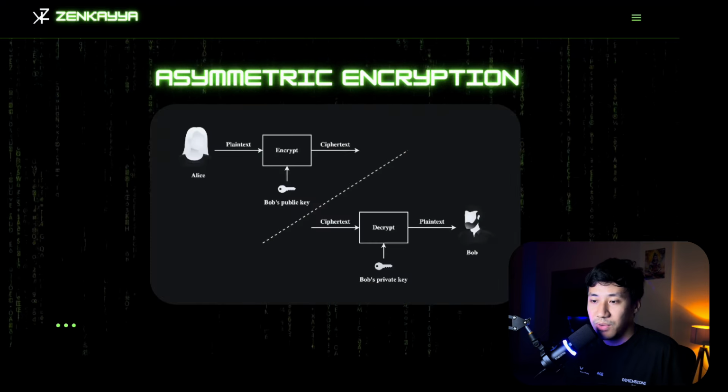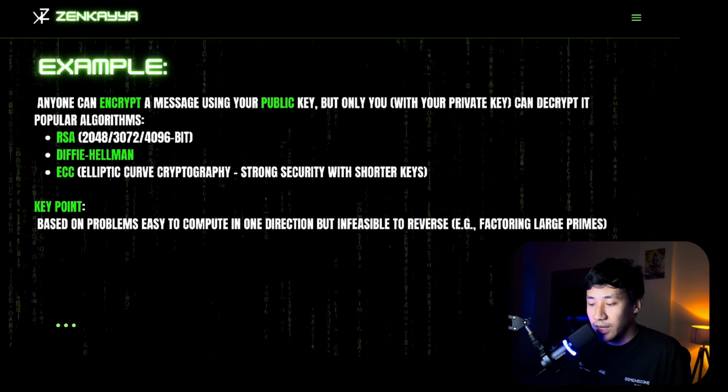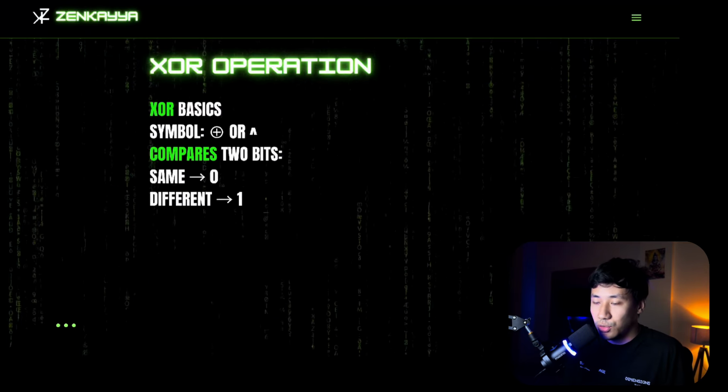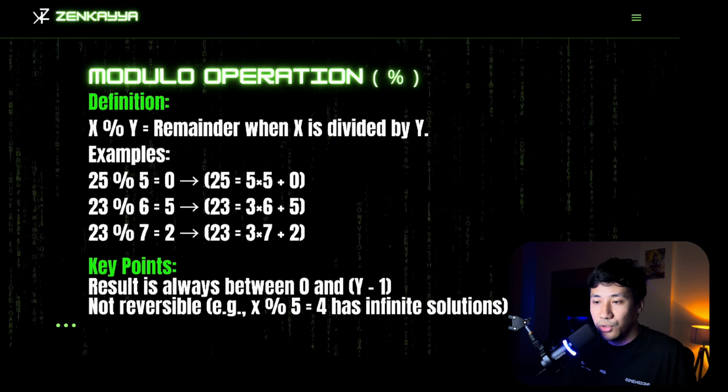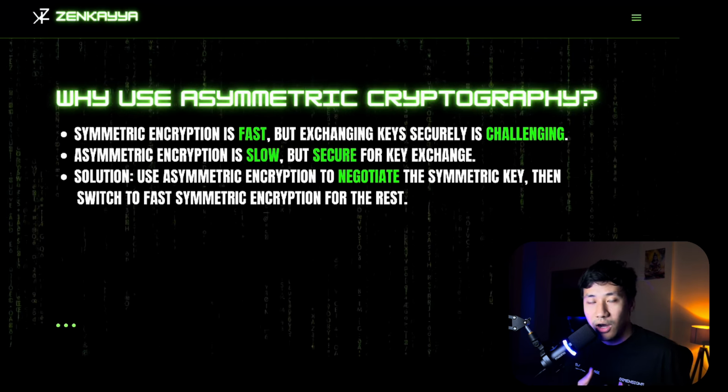In asymmetric encryption, Alice sends to Bob using Bob's public key and Bob's private key. Two keys are involved, which is why it is known as asymmetric encryption. I hope you remember it. If you don't, just go through the previous video and I'm sure you will get it. So let's start today's video.